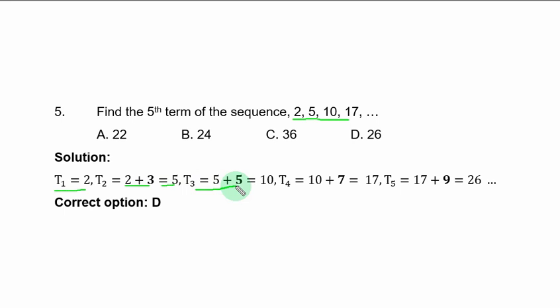To get the fourth term, you add 7 to the third term. So the pattern is addition of the next odd number to the previous term. So for the fifth term, we have to add the next odd number 9 to 17, and that is 26. D is the correct option.